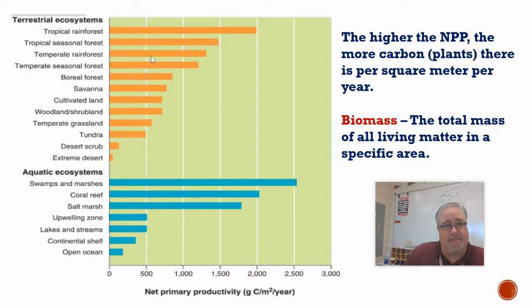One interesting thing about this is this one right here, where it says cultivated land. Cultivated land is land that has been converted to agriculture. For example, they cut down rainforests all the time, and they convert it into cultivated land. Now, think about what that does to the productivity.